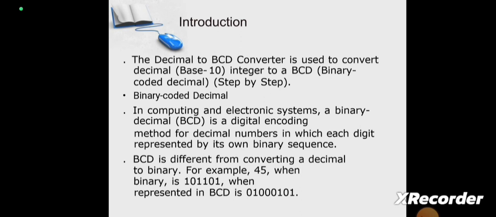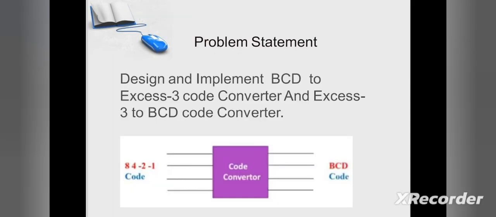BCD is different from converting a decimal to binary. For example, 45 in binary is 101101, and in BCD it is represented as 01000101.